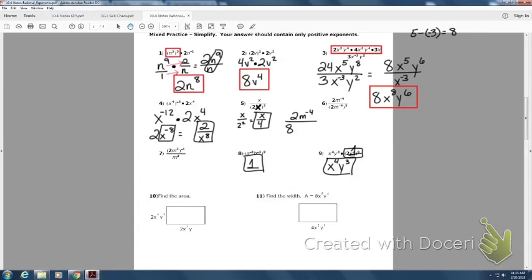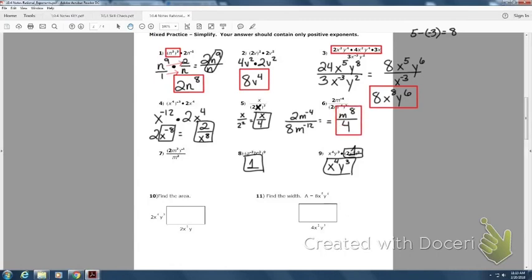That's right. I'm your math teacher. And then 3 times negative 4 is going to give me negative 12. So I'm going to subtract: negative 4 minus negative 12, which becomes negative 4 plus 12. And that is going to give me m to the 8th. And I can reduce 2 over 8 to 1 over 4. I don't necessarily have to write that 1 there.